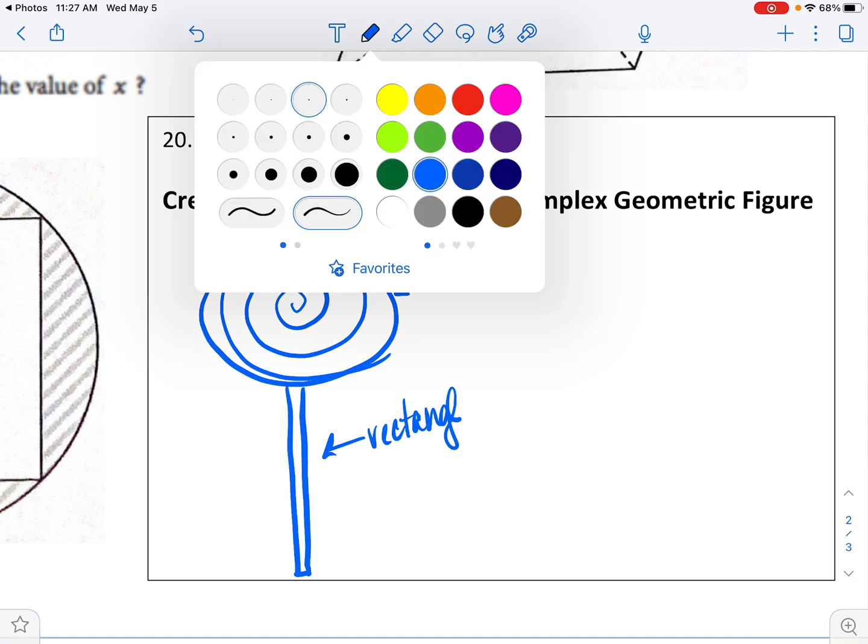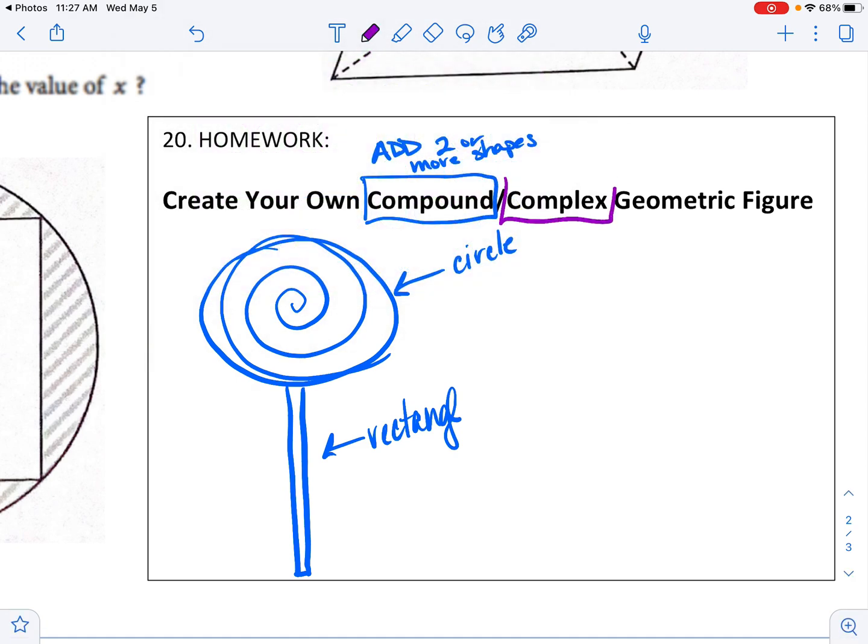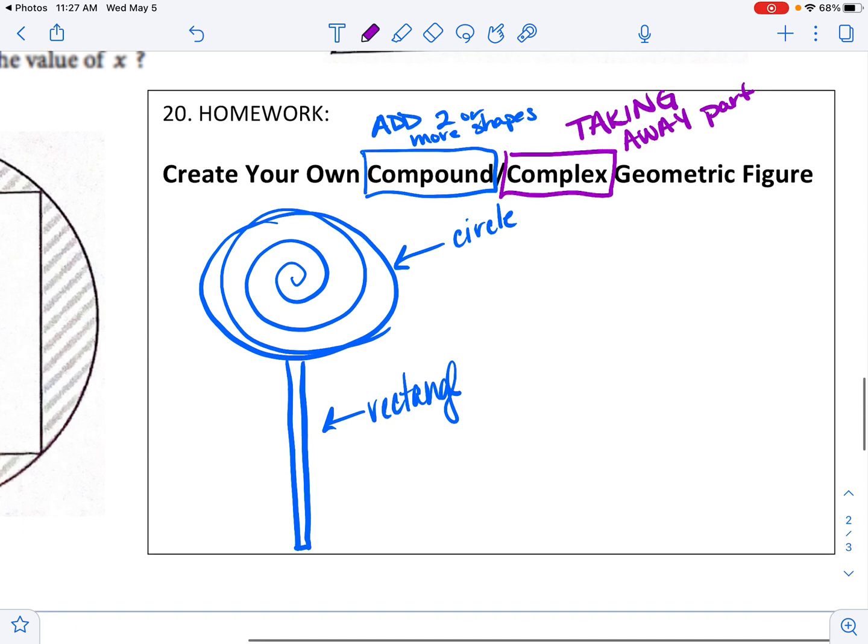A complex shape is one where you are taking away part. You are either splitting a shape. So this is where you're going to include a semicircle, a half circle.